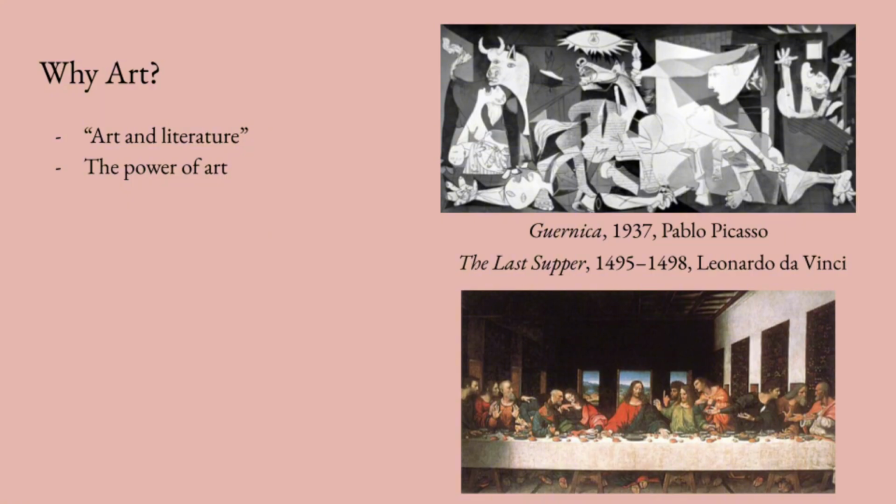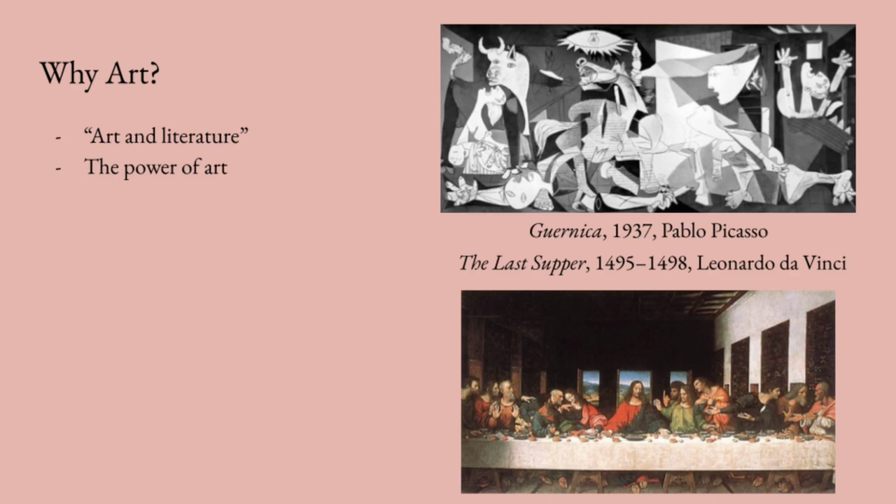For instance, The Last Supper by Leonardo da Vinci, which was painted from 1495 to 1498, became a revolutionary religious painting that emphasizes the portrayal of emotions, and is shown on the left, or more recently, Pablo Picasso's Guernica, which is a 1937 oil painting that conveyed the tragedies of war and caused many to take a stand against violence. Although these are just a few examples, it is clear that art has been used as a powerful tool to convey ideas and create change within the world around us to this very day.